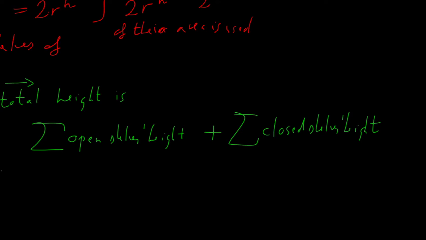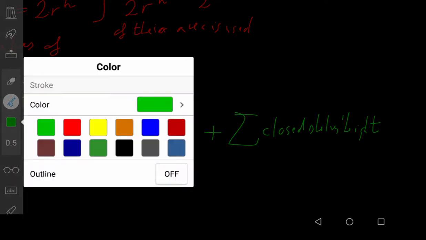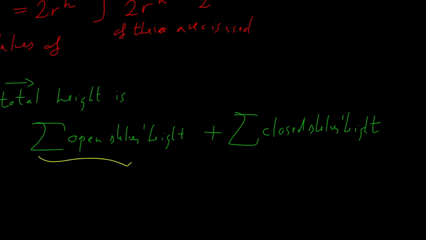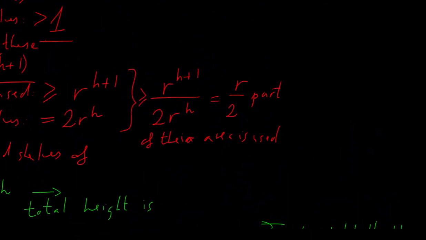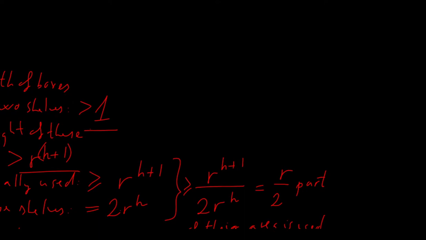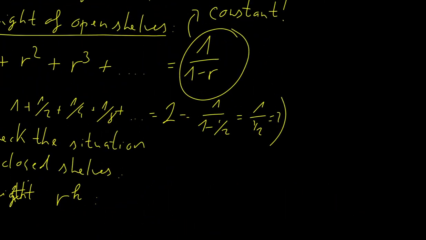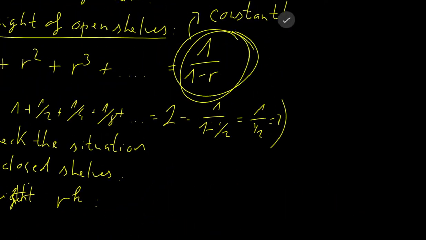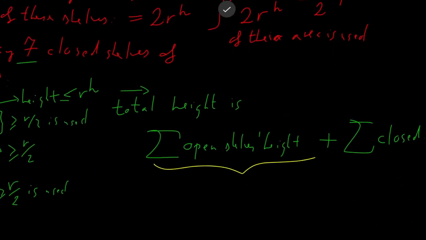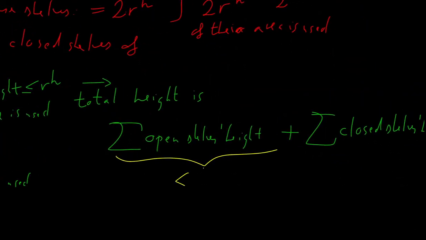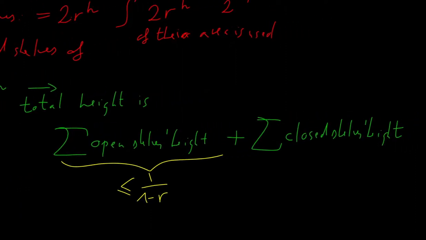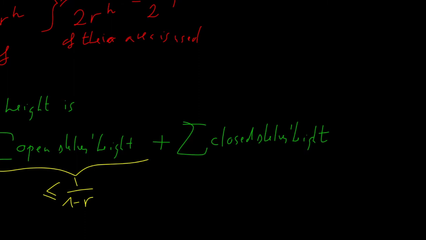And of course we already proved that the sum of the open shelves height is at most, yeah, this one here, 1 over 1 minus r. Okay, and we have that for all the possible closed shelves.